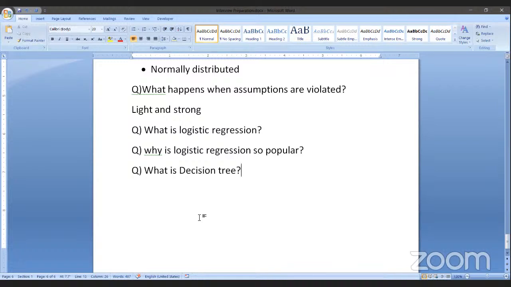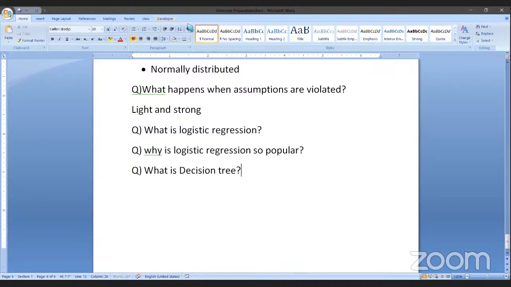Okay, so decision tree is a supervised learning algorithm which can be used both for classification and regression. So in this case, we can have the dependent variable as numerical or categorical.